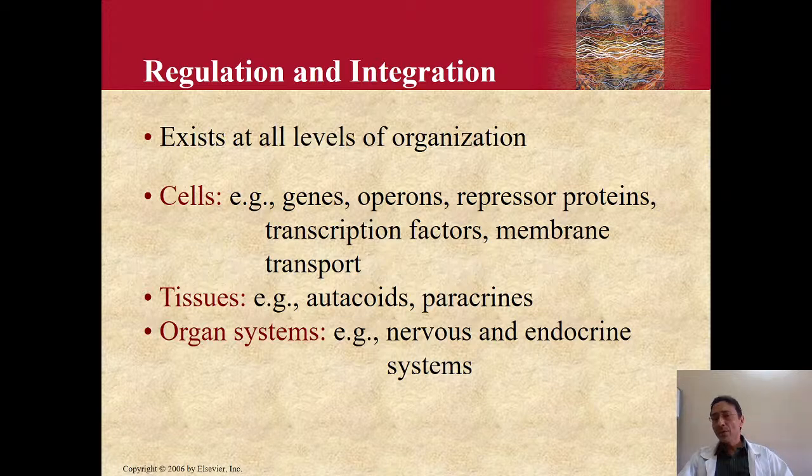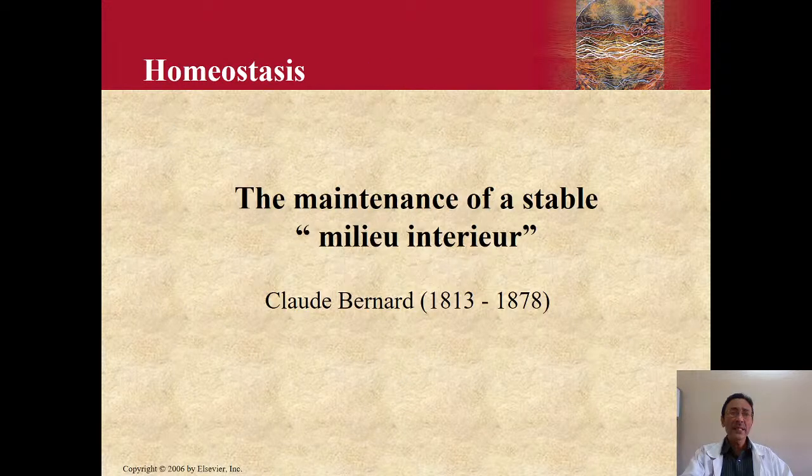Now, extracellular fluid is the fluid or the water which is present outside the cells and is called the extracellular fluid. ICF is the content of the cells, or the water which is present within the cell, and is called the intracellular fluid. So basically there are two compartments within the body, the ICF and the ECF.